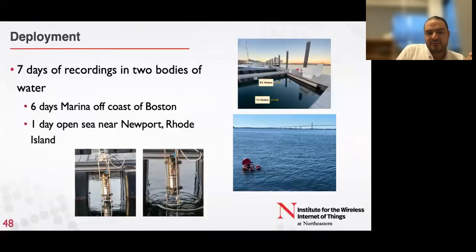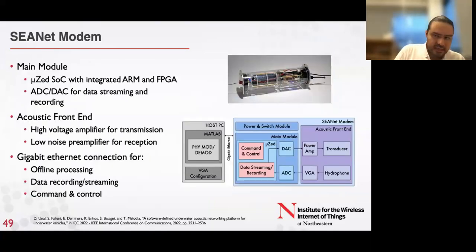Looking into the data sets, these are just 7 days of recording. It's relatively a small amount of data for a data-driven approach, especially for an underwater domain that changes quite fast from time to time. Here again, we used a version of the CNET modems that we developed through the project for recording those data.